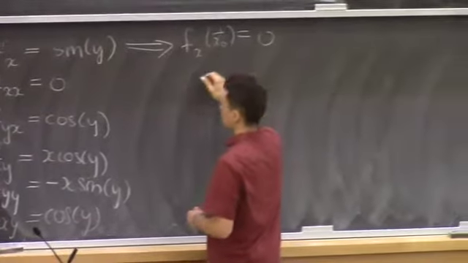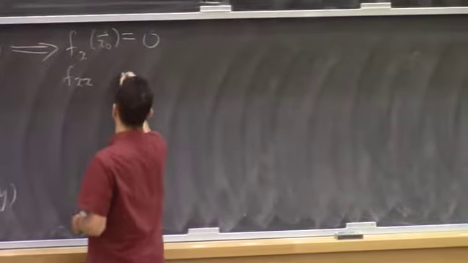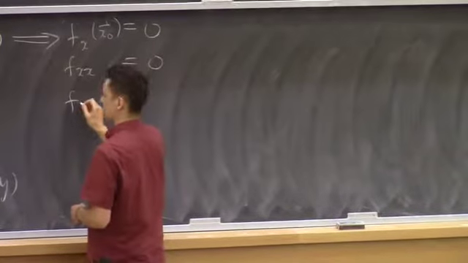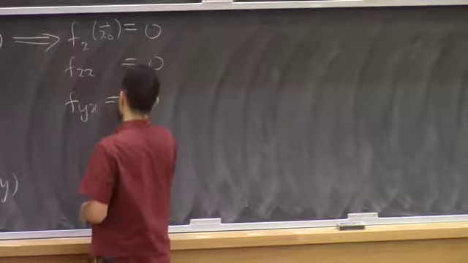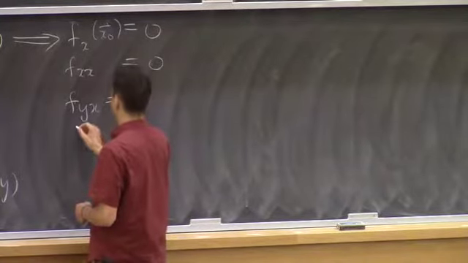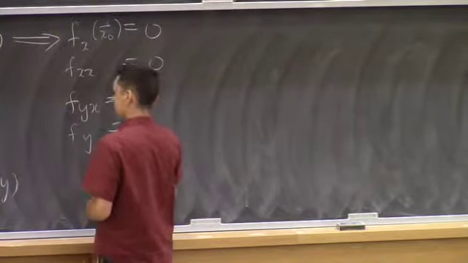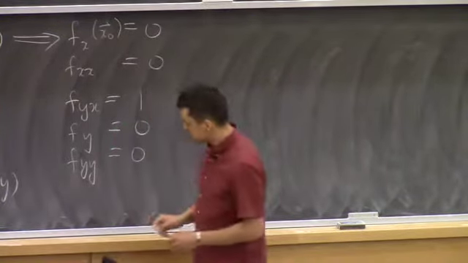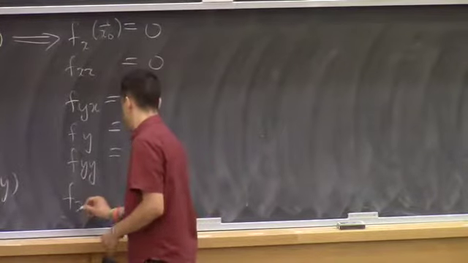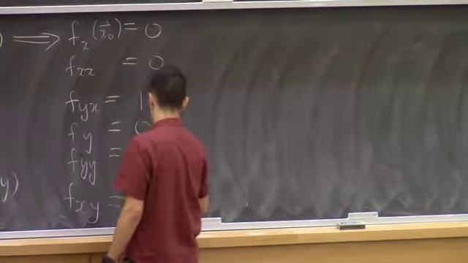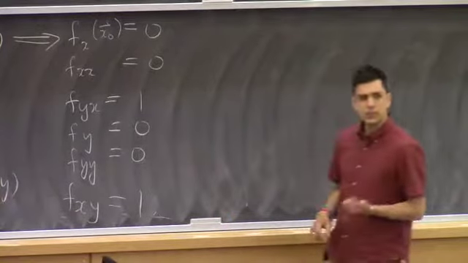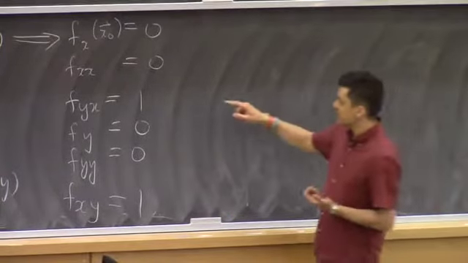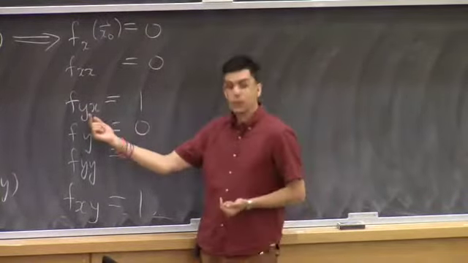So we get 0, 0, 1, 0, and 1. Okay, so looking at this, we can see that Clairaut's theorem worked out. Yx and xy agree. Okay, so that's good.